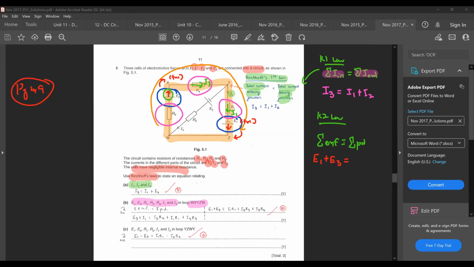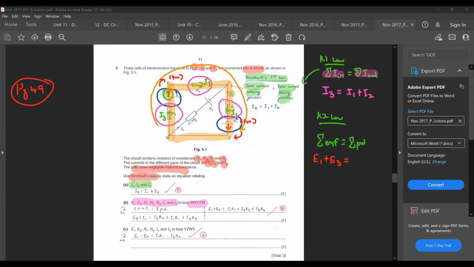Then after that, you look at your I3 again. Just now I shifted it forward. You can see it flows through R4 here. If I shift it backwards, you can see that I3 will also flow through R3 in this direction. So you then again try and look at the direction.